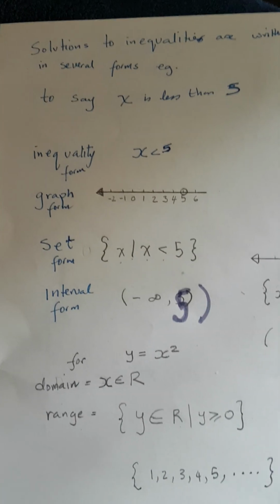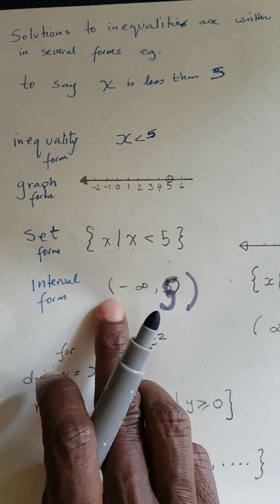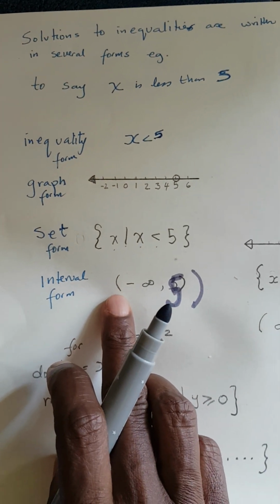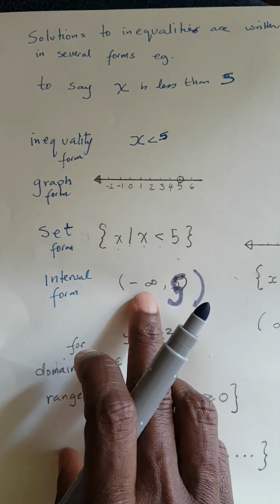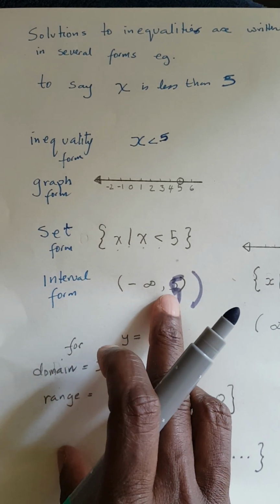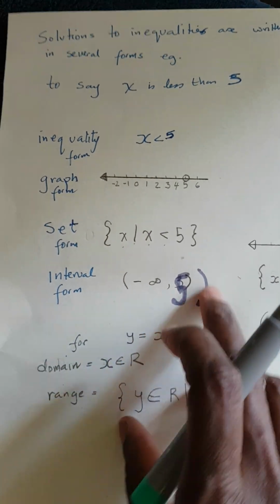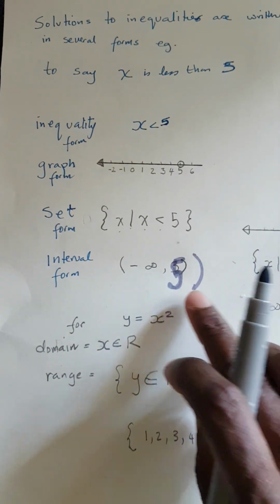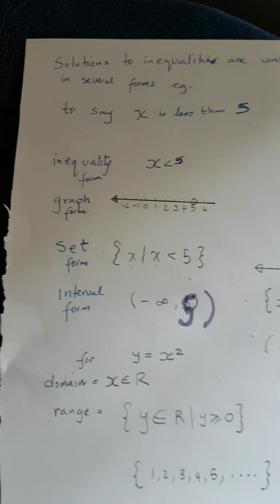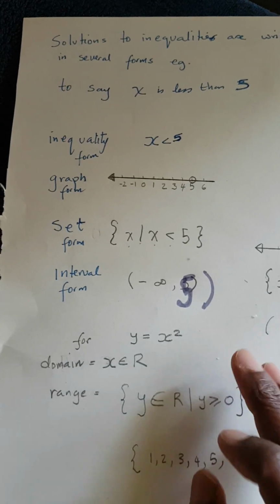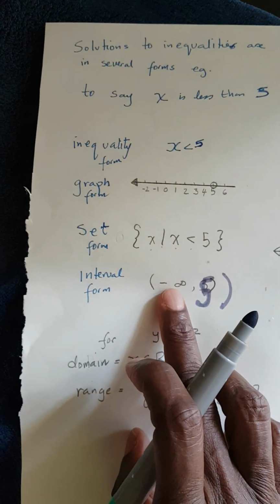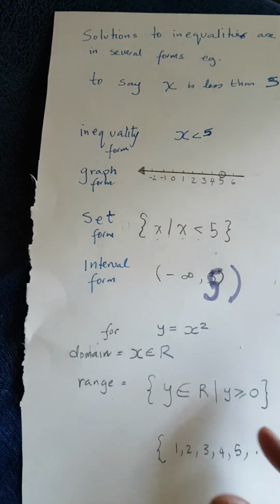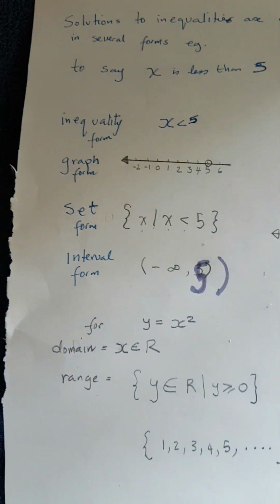In interval form, you would see this bracket, a sort of semicircle, and minus infinity, comma, 5, and then another bracket. Now, when you use this type of bracket, it means that 5 is not included, and minus infinity is not included because you can't really get to minus infinity.